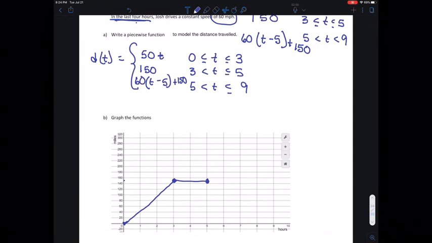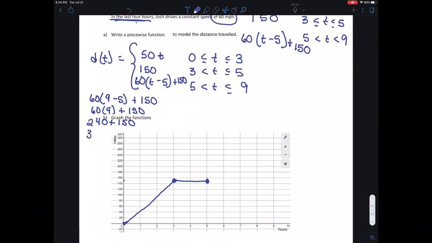So I have to do some math here. After 9 hours, I'm going to have 60 times 9 minus 5 plus 150. So that's 60 times 4 plus 150. 6 times 4 is 24.